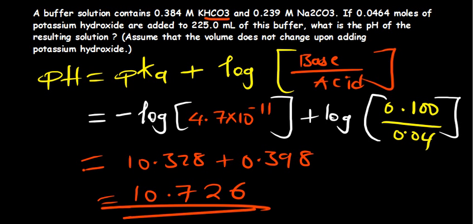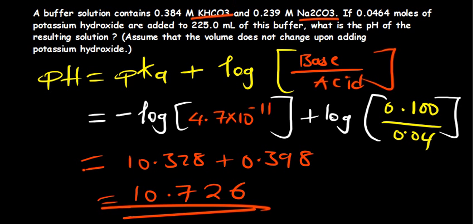Okay, so in summary, what was important for us to identify from our question was, first of all, which one is an acid, which one is our base, our conjugate base, which is that one, and then trying to understand the effect of what we are adding. The fact that we are adding a hydroxide, which is a strong base, is supposed to react with our acid in this case, which is that one.